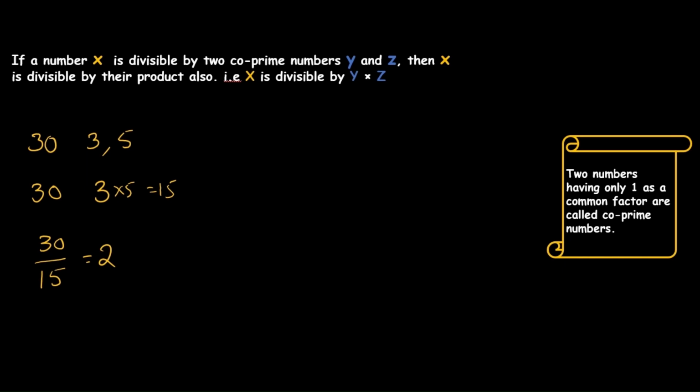Let's take another example, 50. 50 can be divided by both 2 and 5, which is another pair of co-prime numbers. So we know 50 divided by 2 is 25 and 50 divided by 5 is 10. So what is the product of 2 and 5, which is 10?